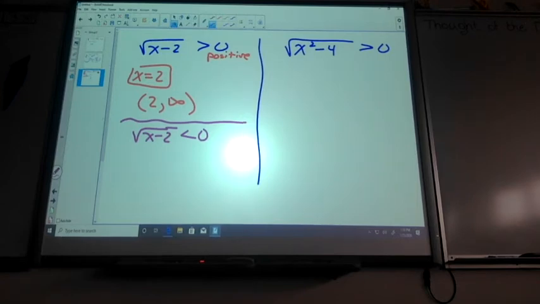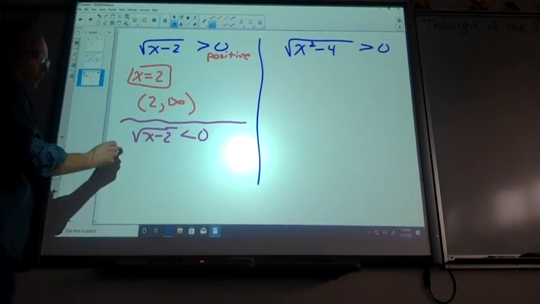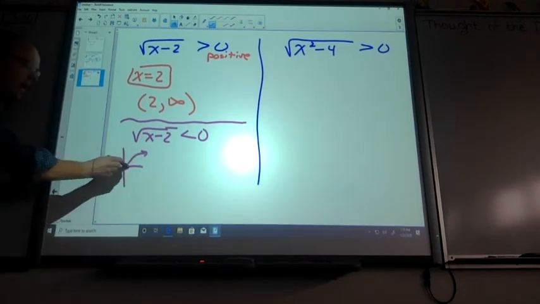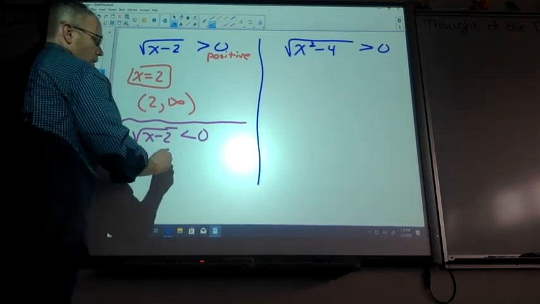Why is it undefined? 0 can't be less than 0, close. If you think about what this graph looked like, it does this. Does that graph go below the x-axis? So, no real solution.